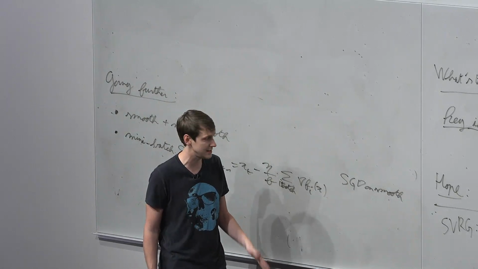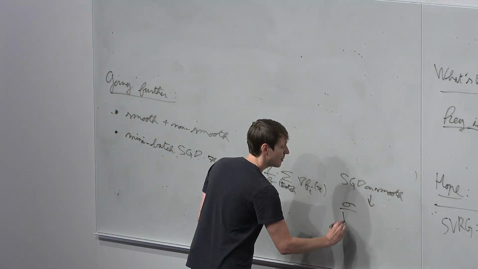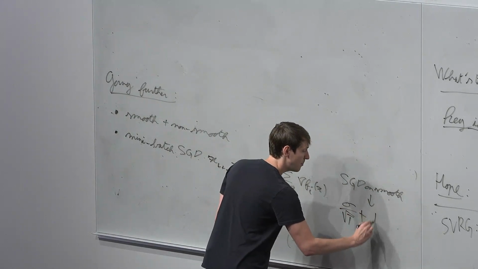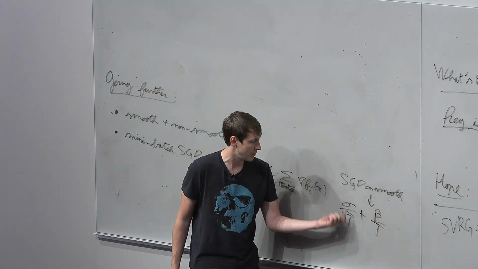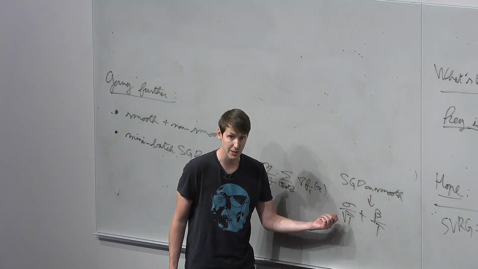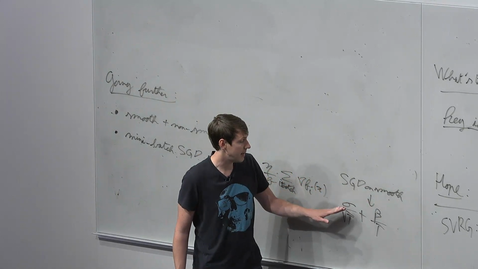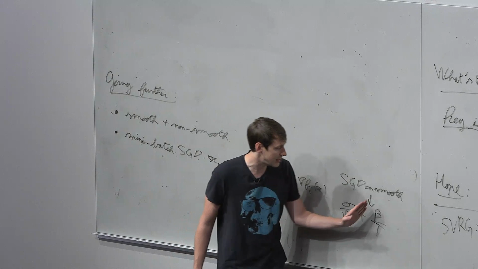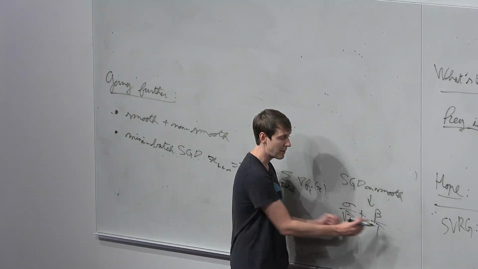This is as smooth as it gets. But what you can show is something like this: sigma over root t plus beta over t. So you can prove that the variance term goes down like 1 over square root t. If there was no variance, you would get the beta over t. And on the other end, if it's very smooth, you just get the sigma over root t. So you get the best of both worlds.